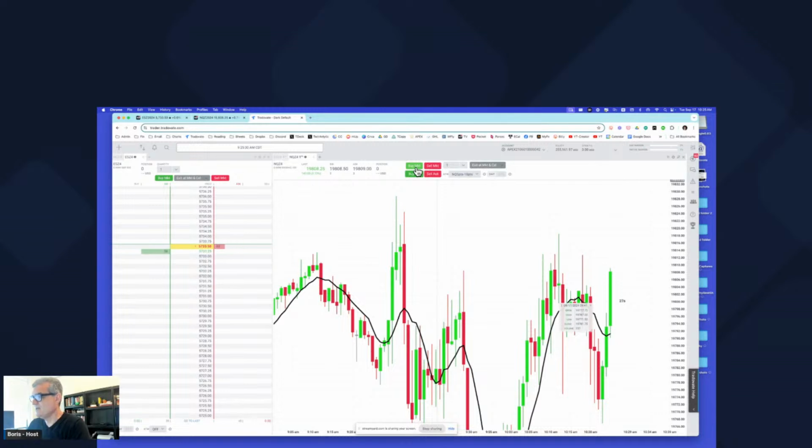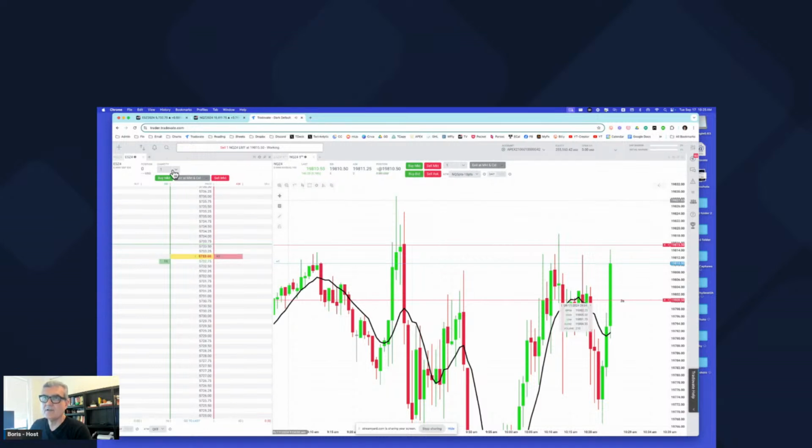NASDAQ is really, really popping. This is the hardest thing about NASDAQ, is that it just gets so big on the candle that you could be right on the trade and wrong on the setup.